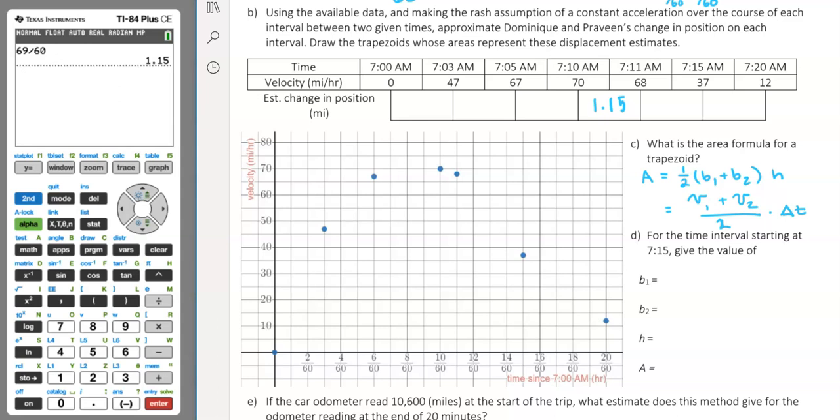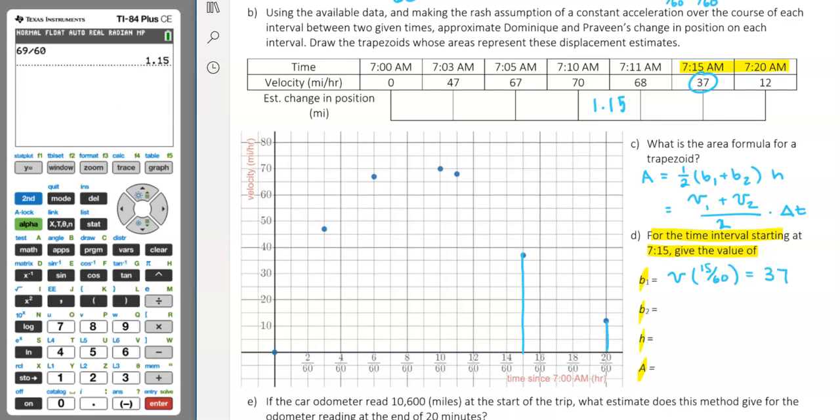For the time interval starting at 7:15, give the value of each of these. So look at this time interval and try to fill in these values. Pause and do that. 7:15, that's 15/60ths. And the velocity at that point is 37, so that's base 1. V of 15/60ths, which is 37.